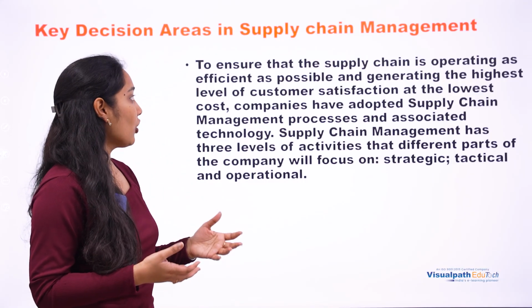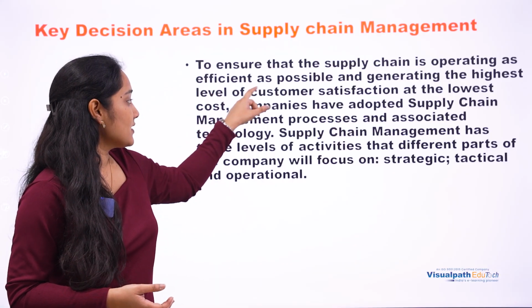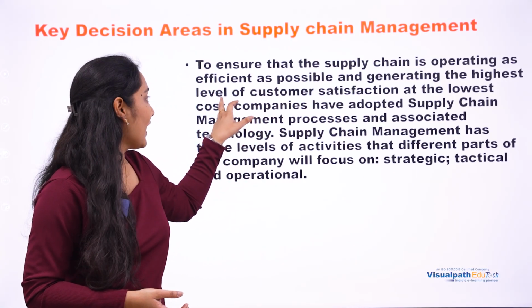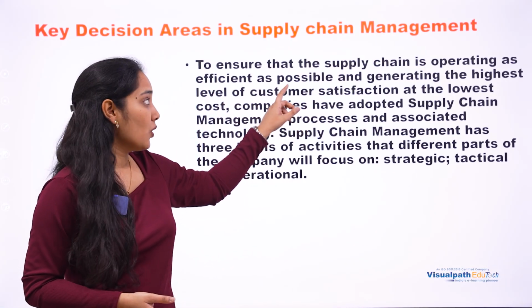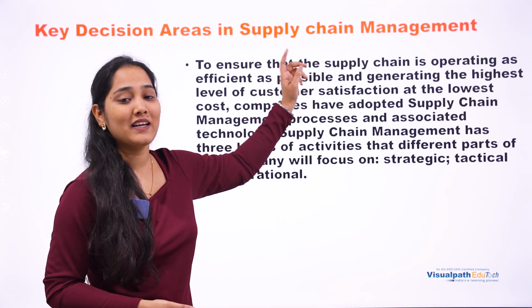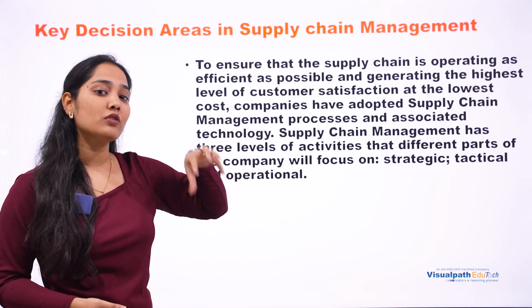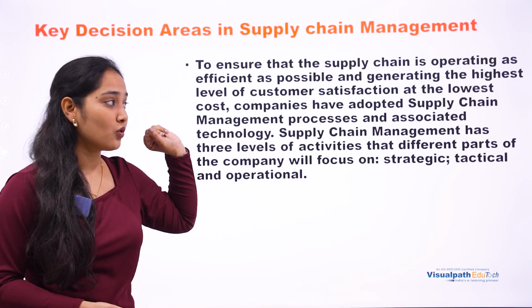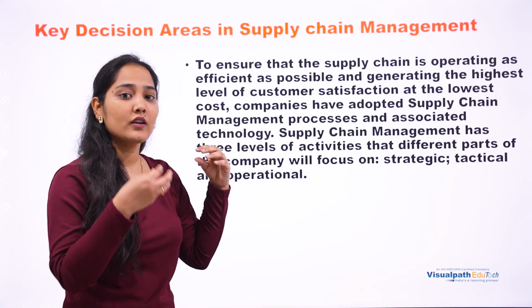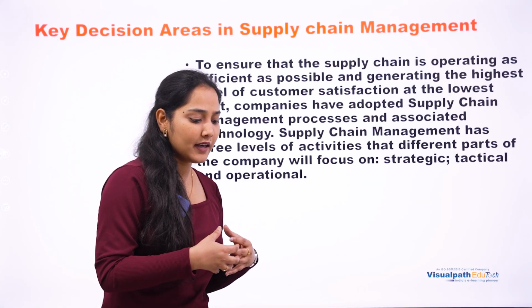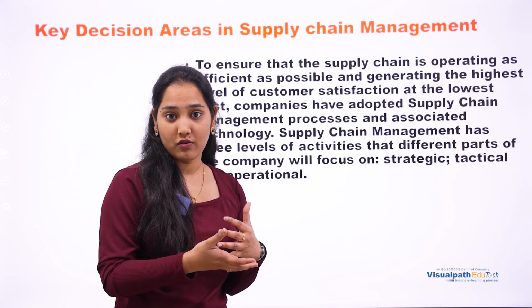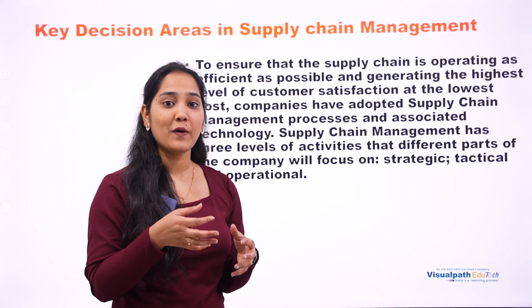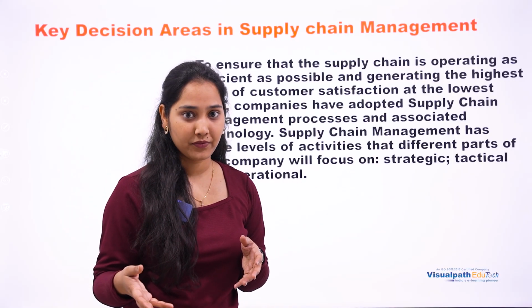When we talk about efficiency and generating the highest level of customer satisfaction, SCM came into the picture to give customer satisfaction and also lower prices for a particular product. Imagine if I want to buy a banana, you cannot spend 10,000 rupees on a banana, correct?